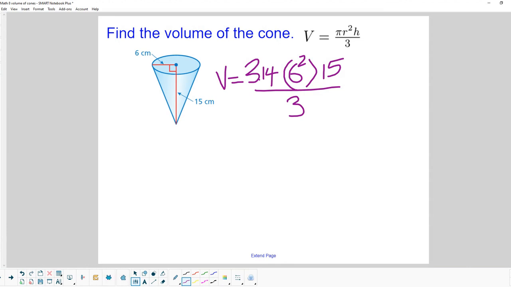Now I have a calculator that I'm calling up. I don't believe that you can see it, but I am taking a moment to calculate that, and I'll just verbalize it.